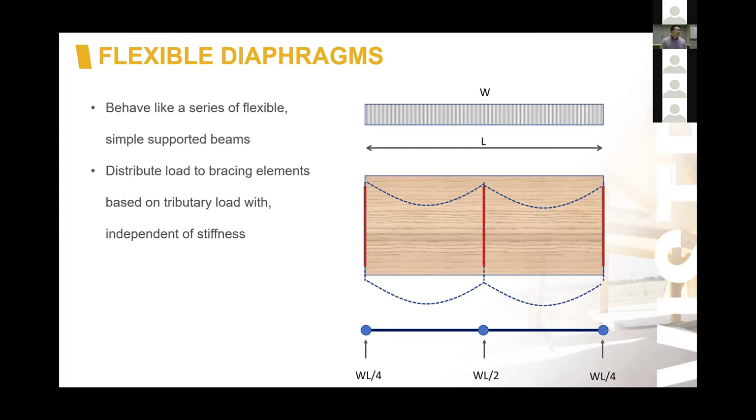They act like simply supported members between bracing elements, and they distribute the loads to the bracing elements based on their tributary width or load area. A diaphragm is considered flexible when the midpoint of the span deflects 2 times what you'd see in terms of lateral displacement. That's saying that the floor is displacing as much as the walls are.